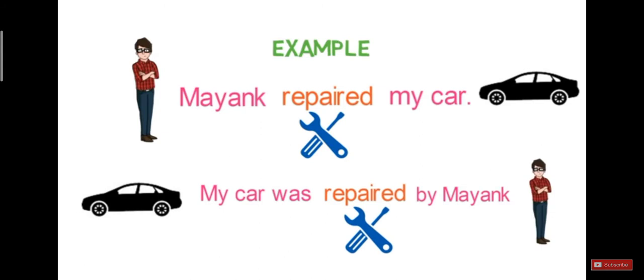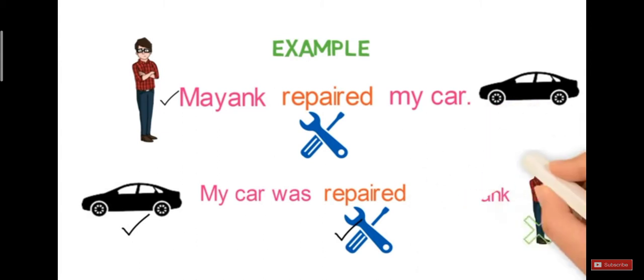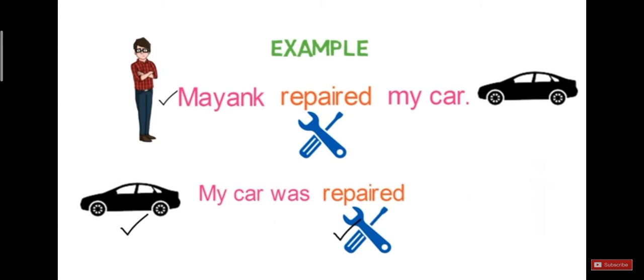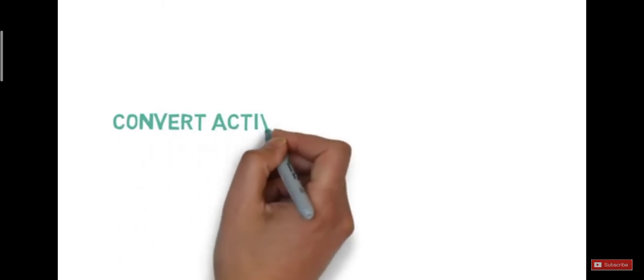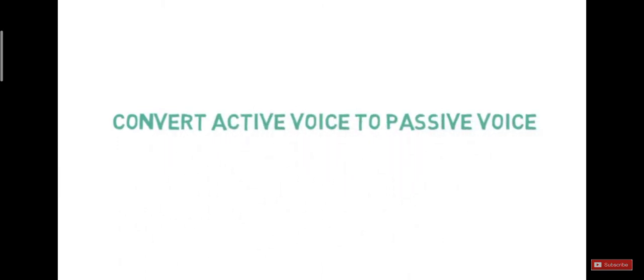That is subject plus verb plus object, and when we change into passive voice, object plus verb plus subject. We can say my car was repaired. We can skip Mayank that time.